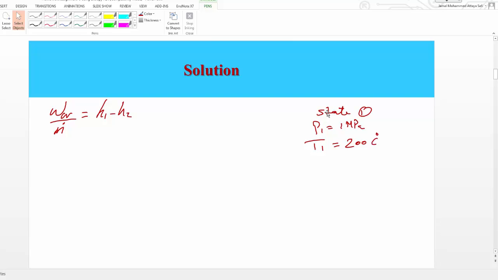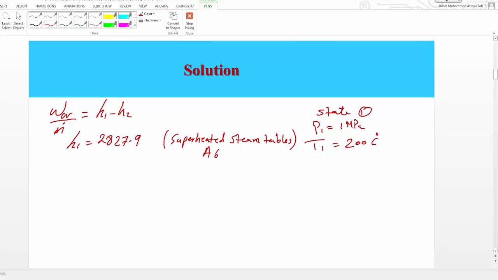So H1 is actually 2827.9, and that is taken from the superheated steam tables.